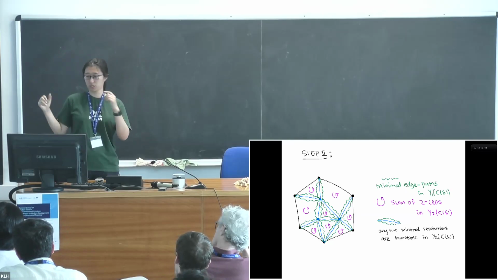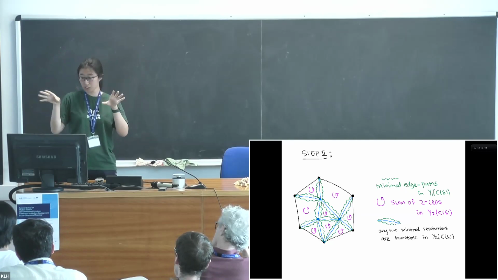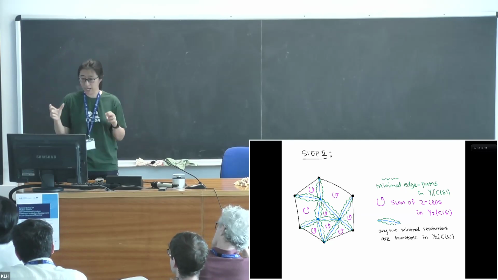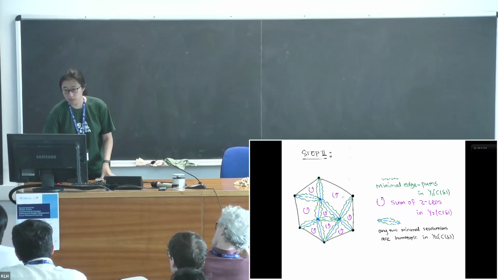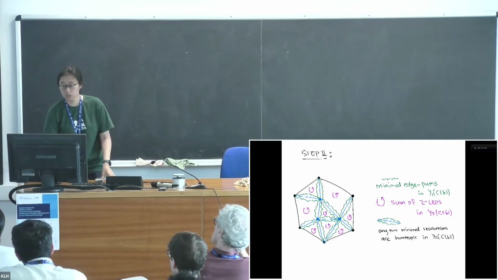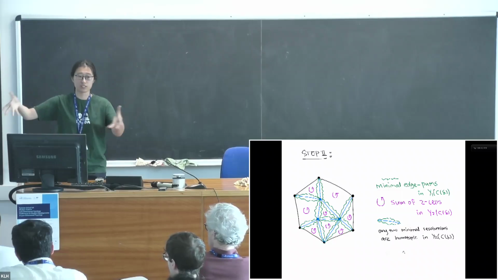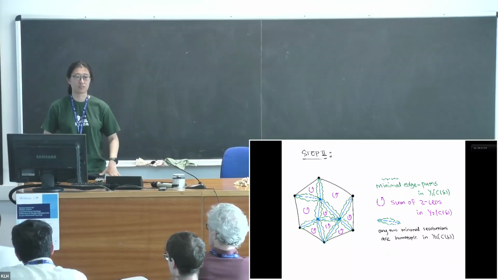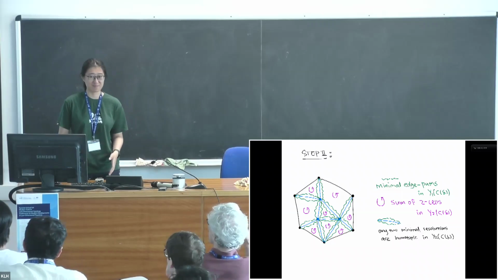We call this minimal resolutions. And then we show that for each 2 cell in X, we can decompose it into a sum of 2 cells in Y2. And then we show that any two minimal resolutions are homotopic. So the whole thing just becomes simply connected. Yes, that's what I want to say. Yeah, that's it.